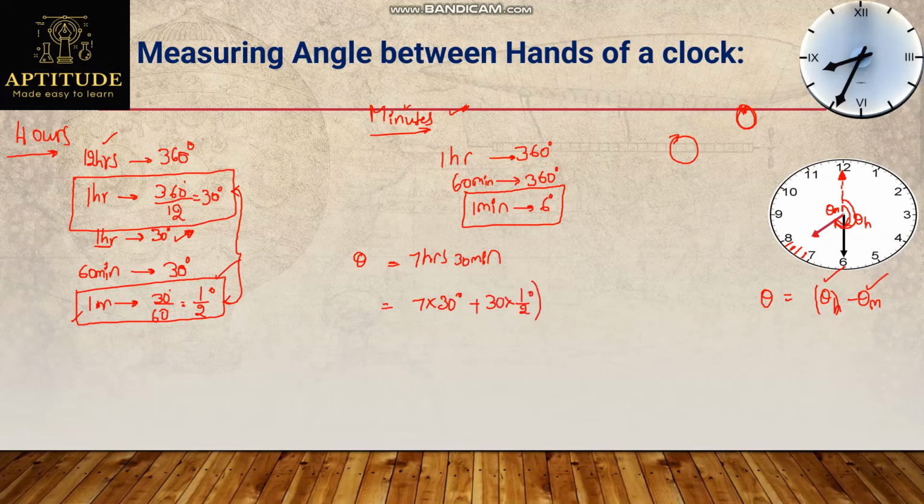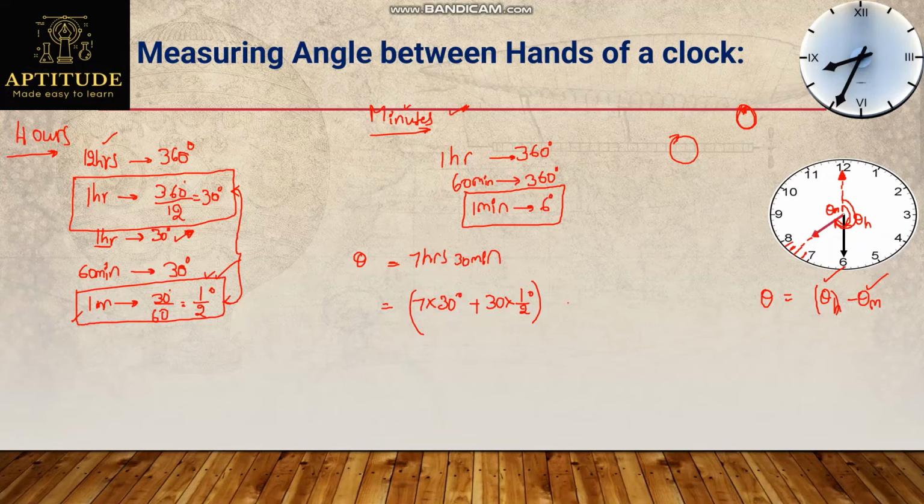So theta h, in terms of hours and in terms of minutes, I need to find out. How many hours and how many minutes did the hour hand rotate? It rotated for 7 hours, so 7 into 30. And for an extra 30 minutes also it is rotated, so that's why it came in between 7 and 8. For 1 minute it is half degree, so 30 minutes means 30 into half.